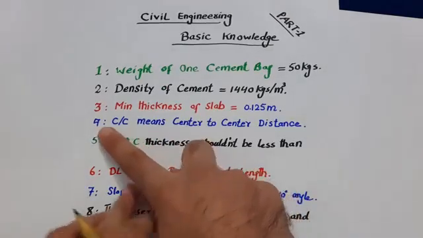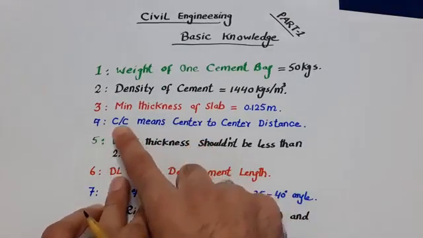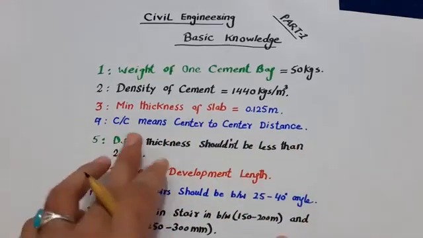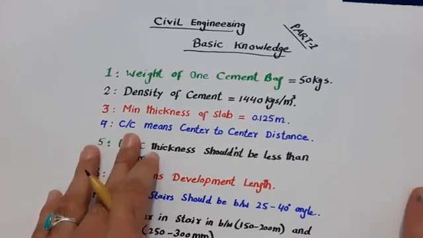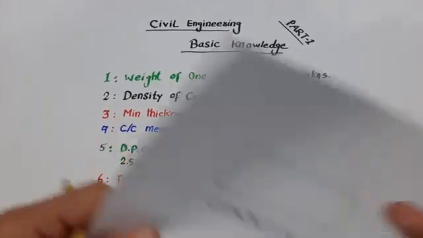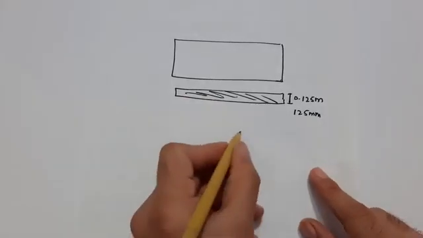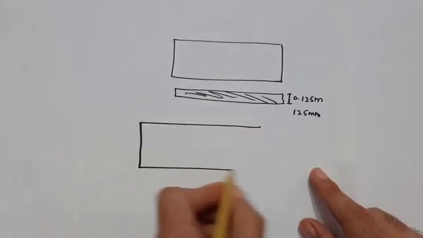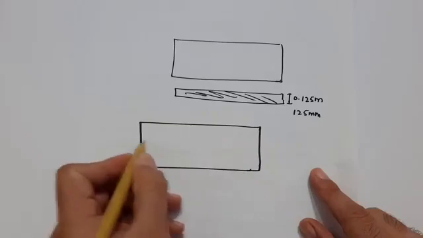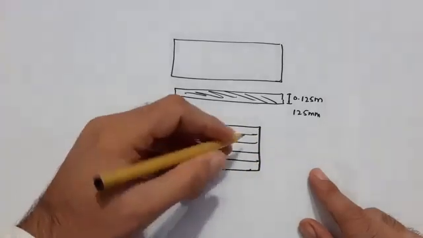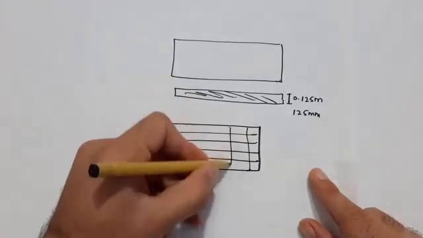Next, guys, the fourth one is C/C, which means center to center distance. C/C is especially used in the design of slabs or any RCC members. For example, in this slab we are providing main bars and distribution bars. These are distribution bars and these are main bars.